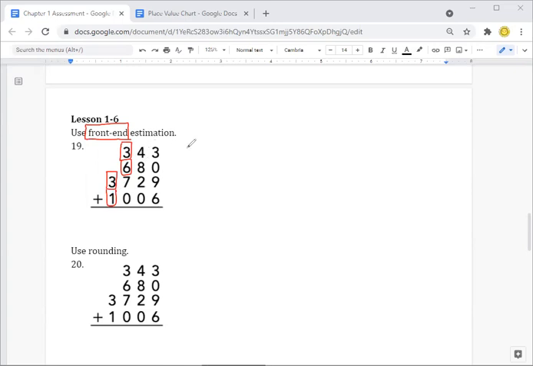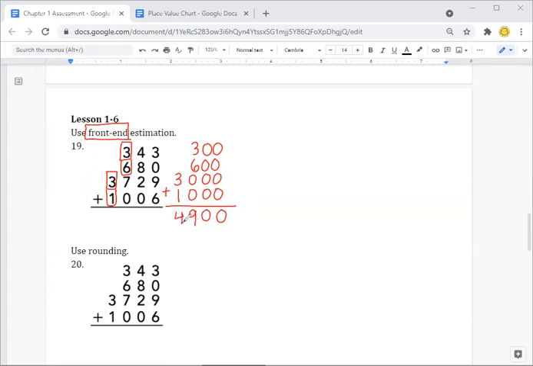So I'm just going to rewrite these numbers with only attention to the front number. Everybody else changes to 0, no matter what they are. That's all. Now we combine. That's pretty easy, isn't it?